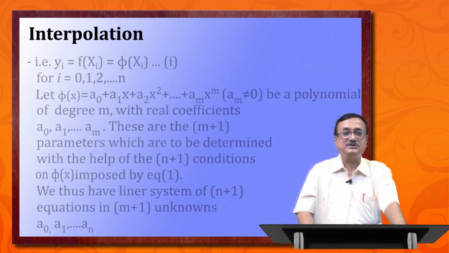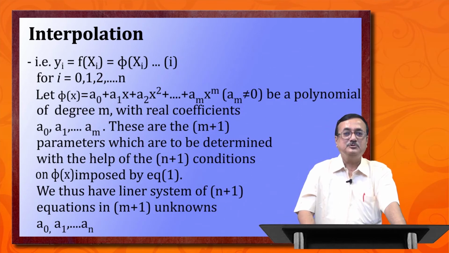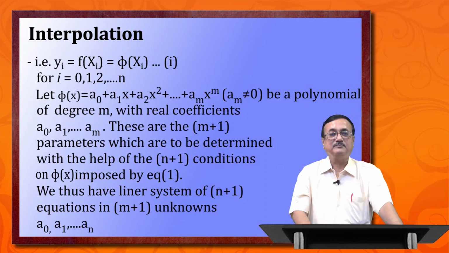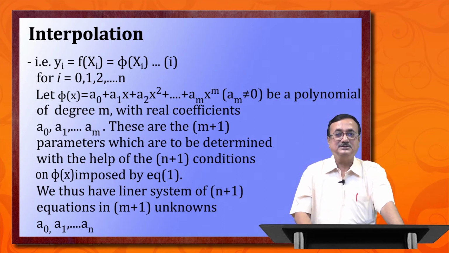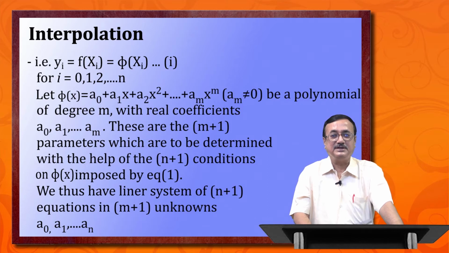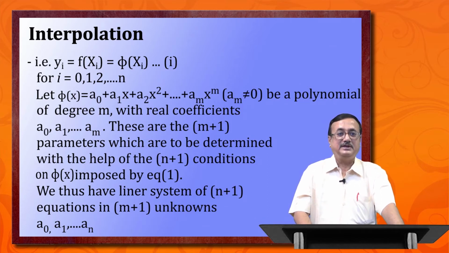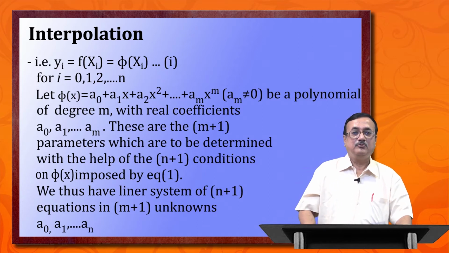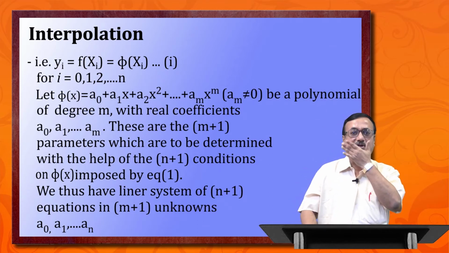Now these are the conditions by which we would like to determine the polynomial function. Let phi(x) be a polynomial given by a0 plus a1 x plus a2 x squared, and so on, up to am x to the power m, where am is not equal to 0, so that the polynomial is of degree m with real coefficients a0, a1, ..., am.